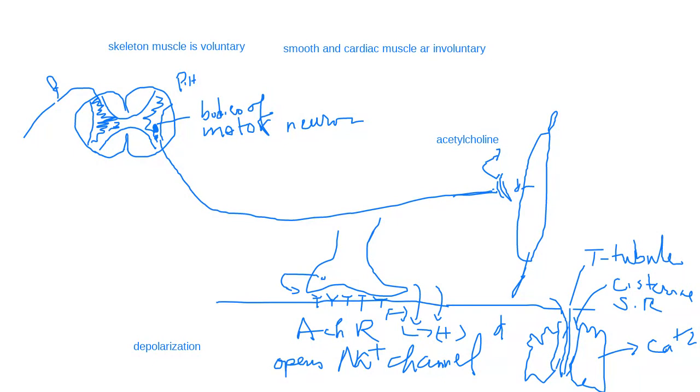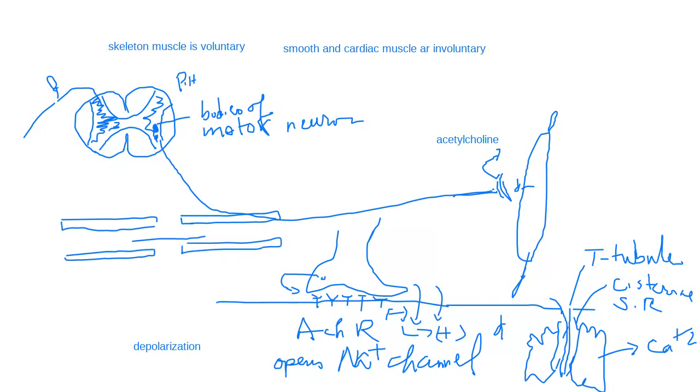Now, calcium is very important. What you see here is this arrangement of actin and myosin that we saw earlier. And the hypothesis is that there is a sliding filament model.